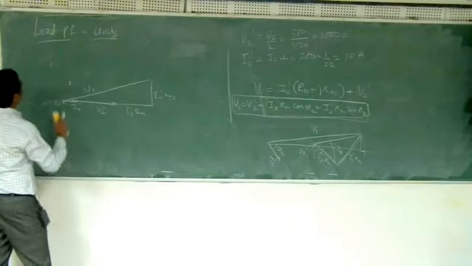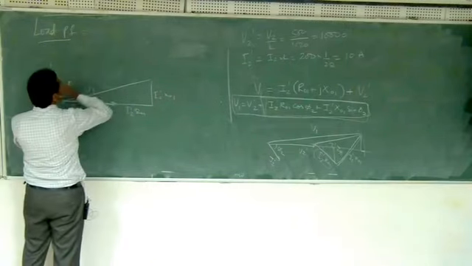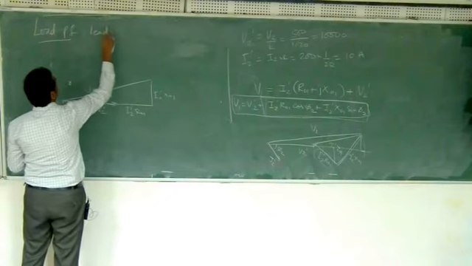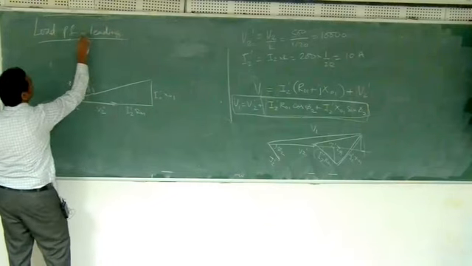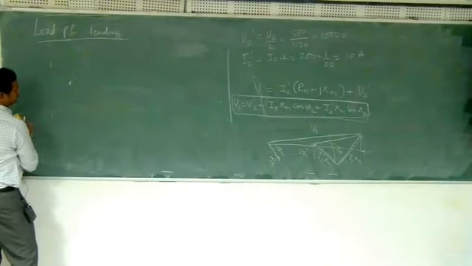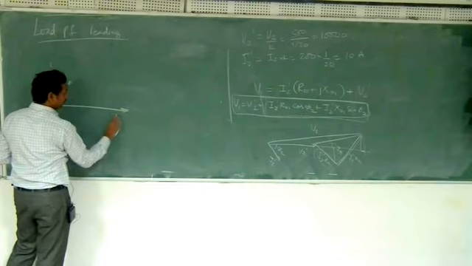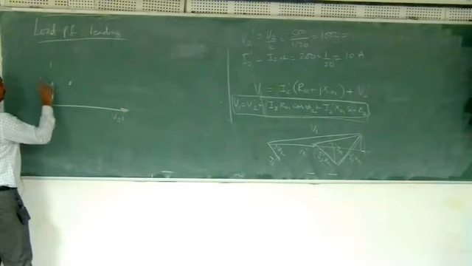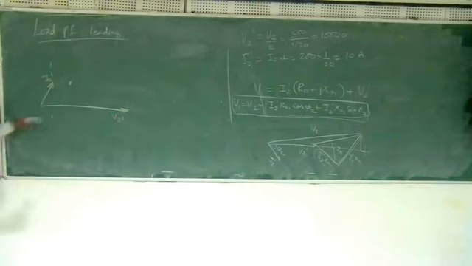Now, the problem is load power factor is leading. If the load power factor is leading, what happens? V2 dash, I2 dash. I2 dash will be leading V2 dash.